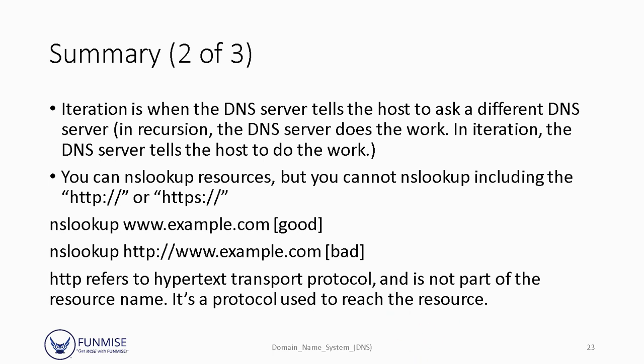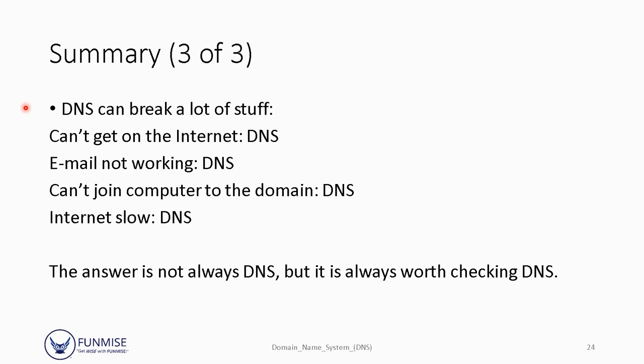Hopefully that's clear. Now, please note, DNS can break a lot of stuff. You can't get on the internet, it could be DNS. Because as we saw earlier, with the case of the www.example.com, it was not valid. DNS could not find the name and we could not get to that site. Now, email not working. As we saw, there are mail exchange records that are necessary if you're trying to use email.